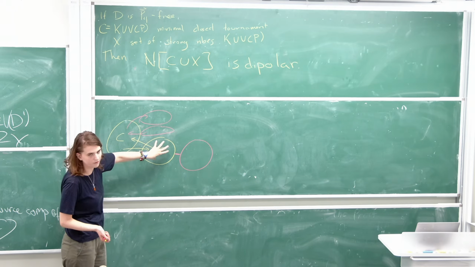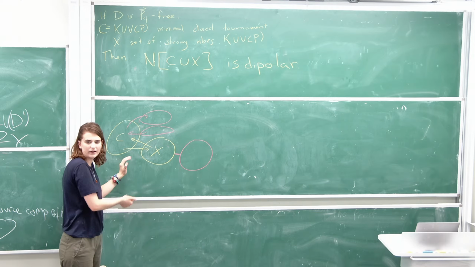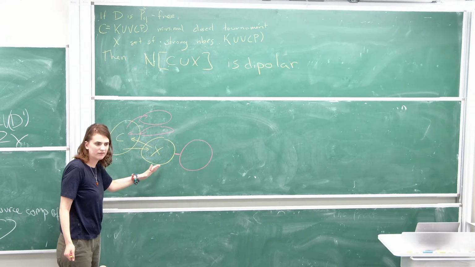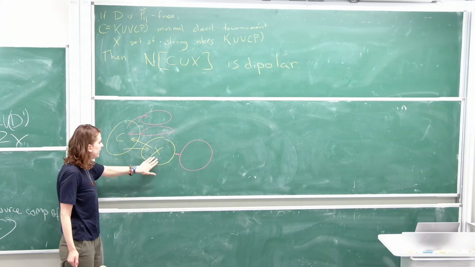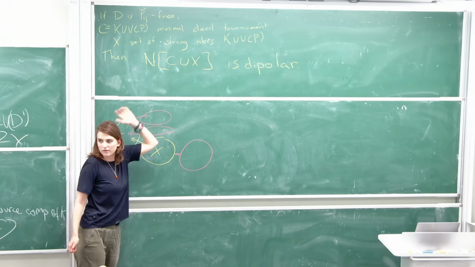C's neighbors in X are already in it, so C wouldn't have any vertex adjacent to C that is in X wouldn't have a neighbor outside of N[C] union X.